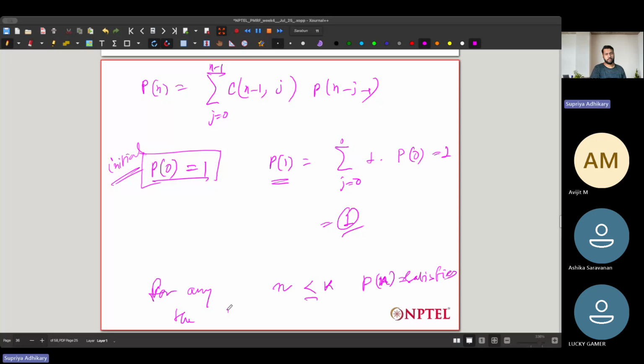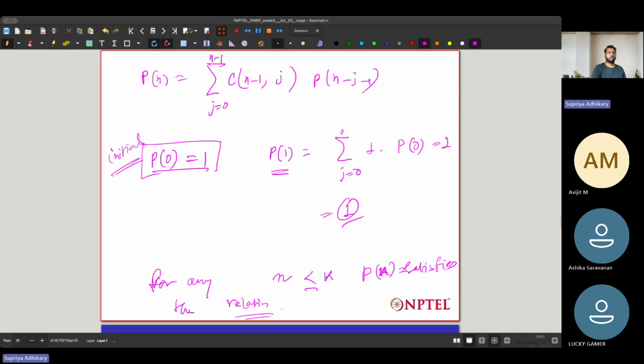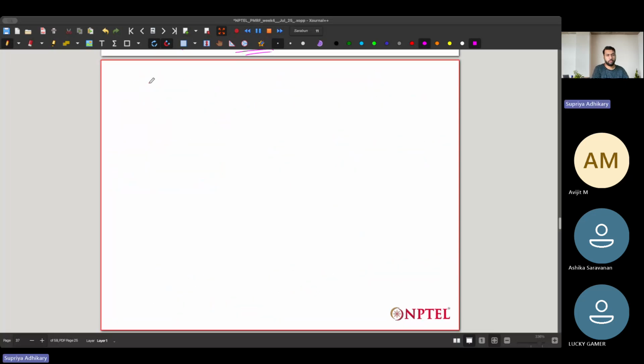Now we have to prove that for n equal to k plus 1, this is also true.